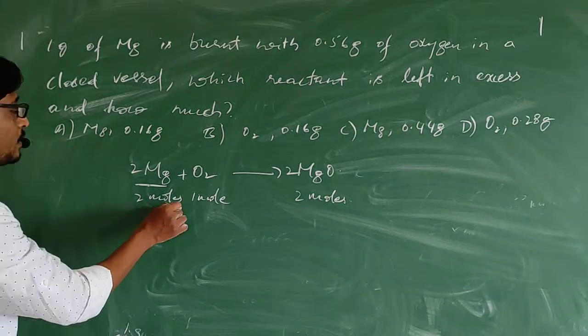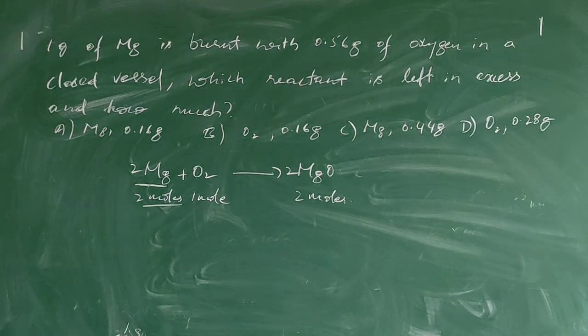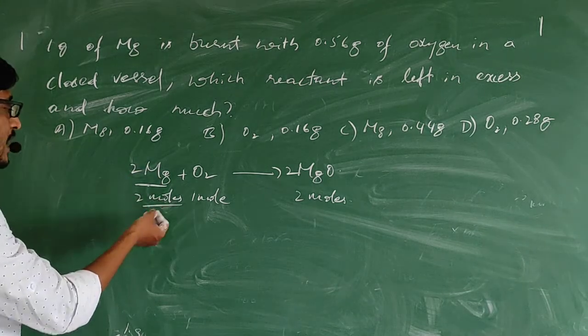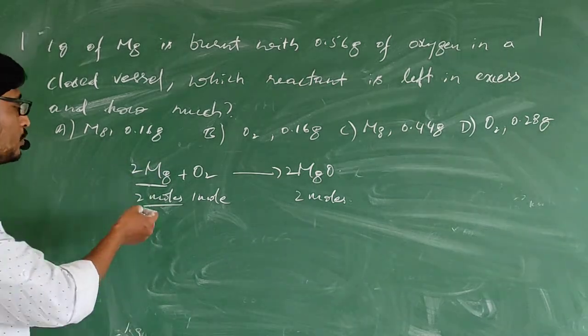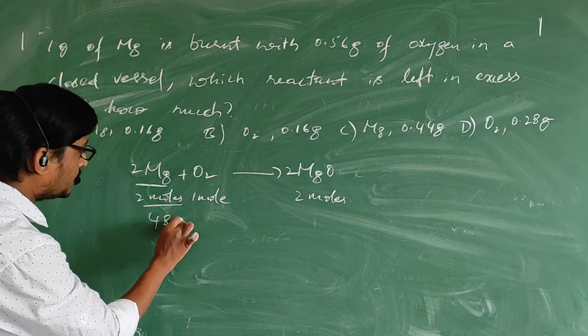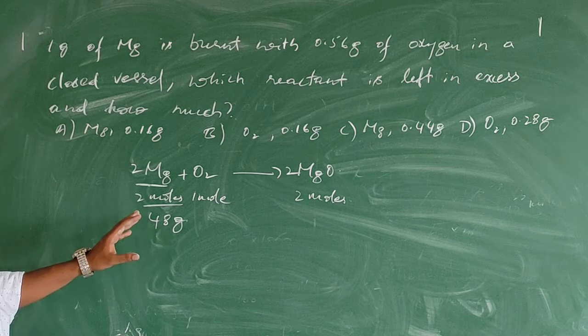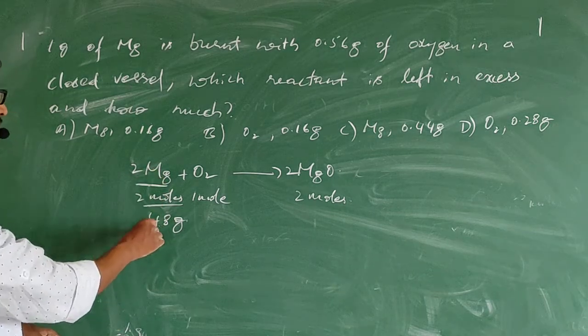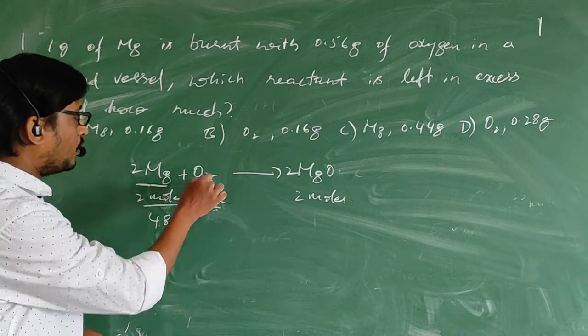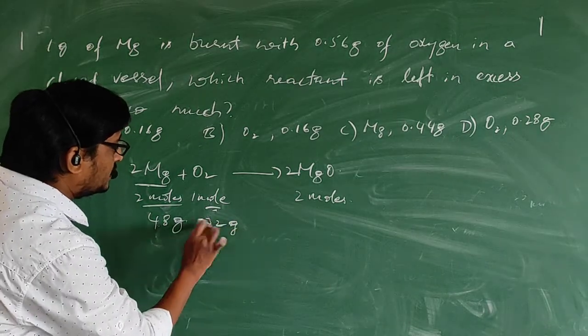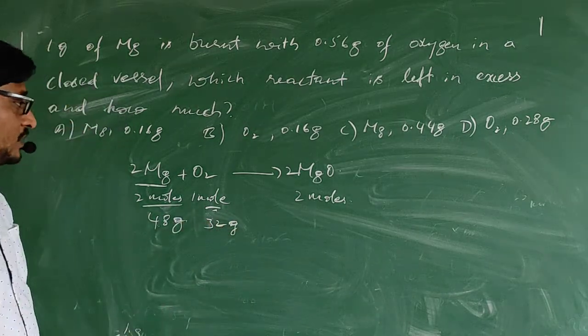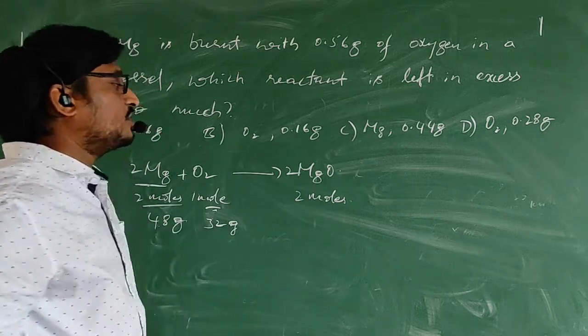So what will be the molar mass of 2 moles of magnesium? Molar mass of magnesium is 24. So 1 mole has a mass of 24, 2 moles will have a mass of 48 grams. Nothing but in terms of mass, 48 grams of magnesium will react with 1 mole of oxygen, means 32 grams. It will react with 32 grams of oxygen to form 2 moles of magnesium oxide.